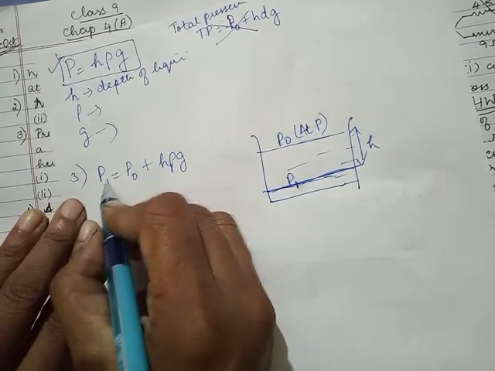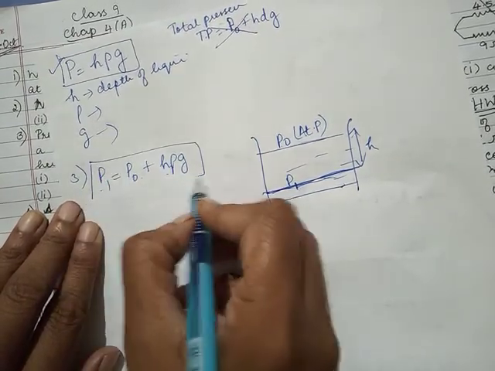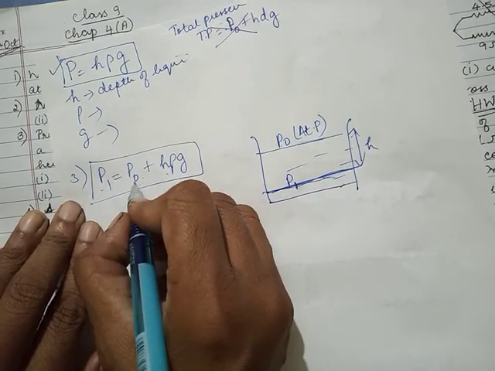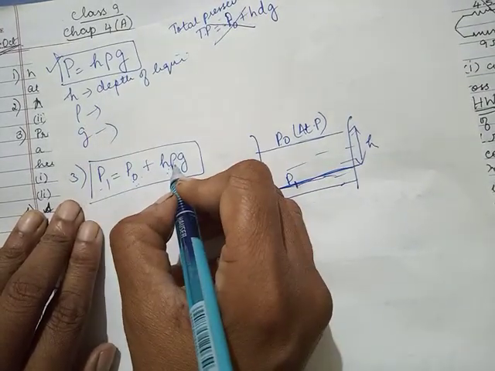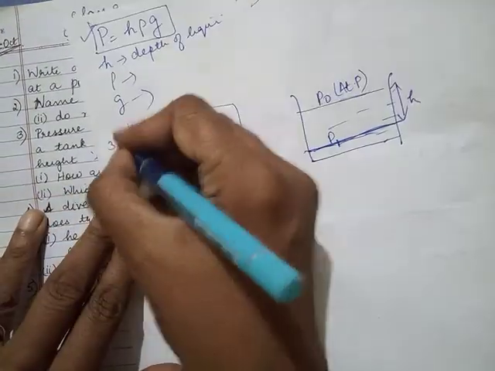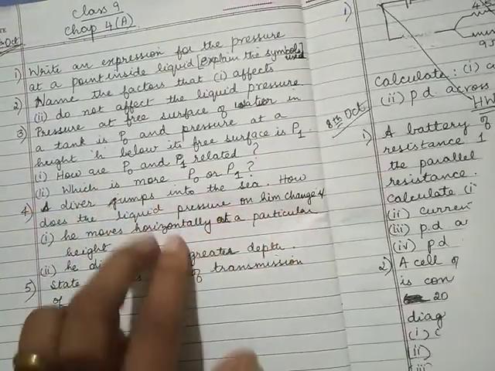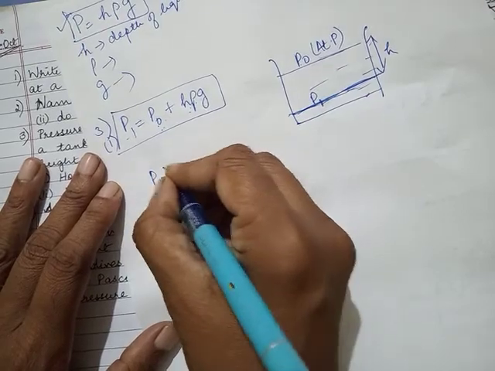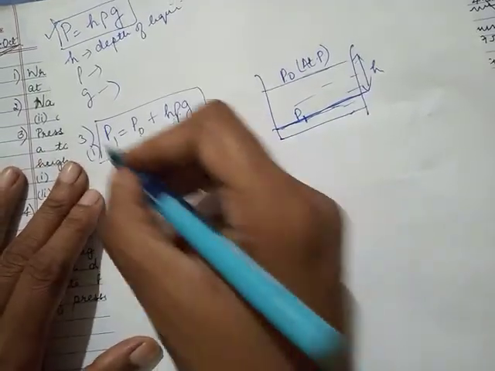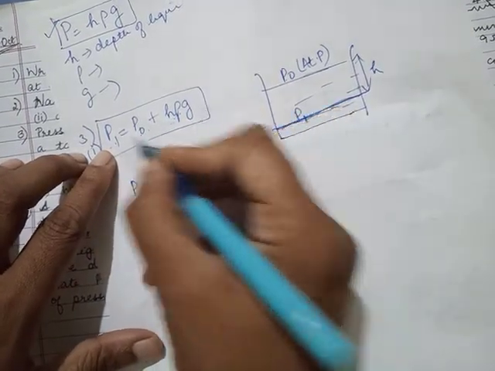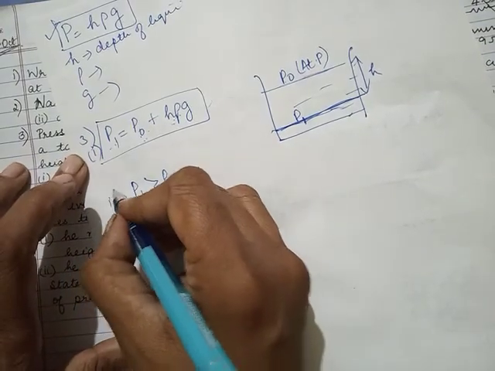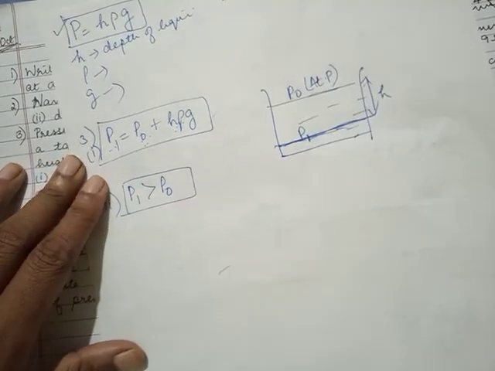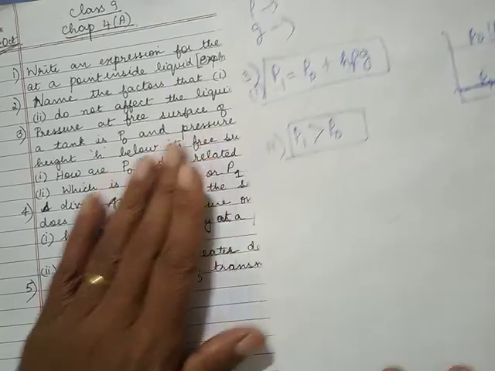So the relationship will be this one: P1 is equal to P naught plus h rho g, where P naught is the atmospheric pressure, h is the depth, rho is the density, and g is acceleration due to gravity. The second part: which is more, P naught or P1? Definitely P1 will be greater than P naught, because P1 is P naught plus something more. This is the conclusion. Is it clear, children?